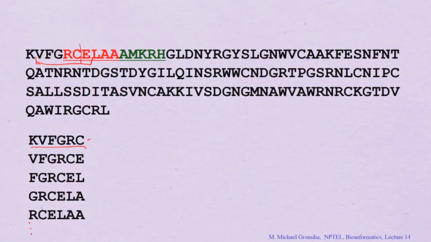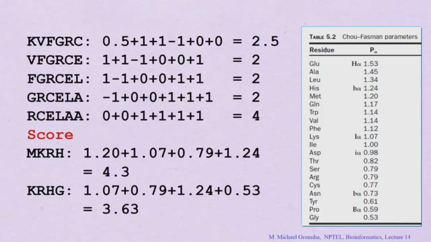Now, you take this one and see the score. Instead of just writing the number, we check whether this is 1 or 0. For example, this is the table: this is 1, this you put 0.5, this is 0, this is -1. Take the first one, K. K equals lysine, which is 0.5 here.